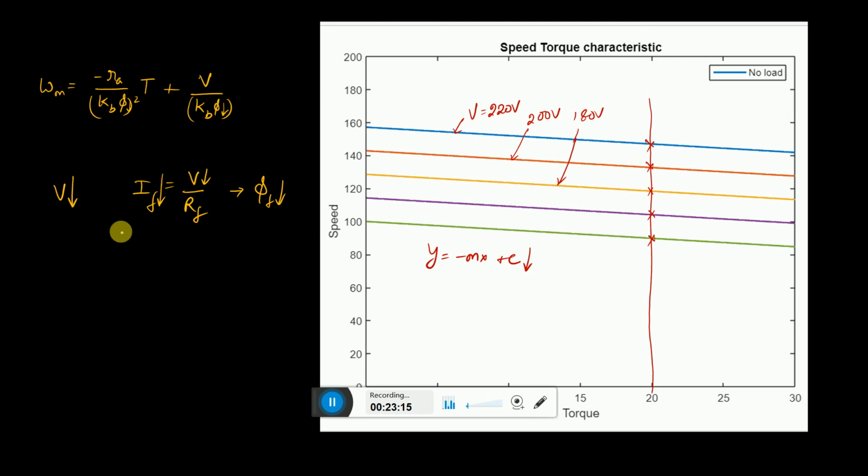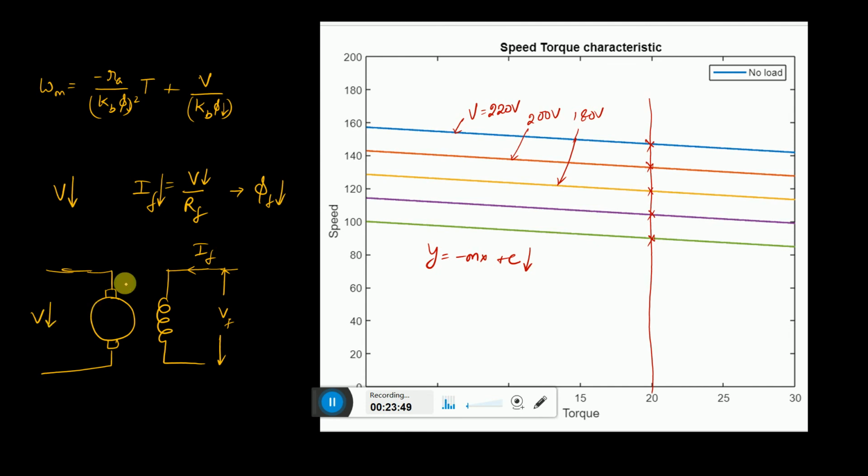If the motor is a separately excited DC motor, with the armature here and a field winding connected separately, where IF flows and this voltage is V, then you have the option of decreasing the armature supply while the field supply remains constant, and you will get this type of effect.